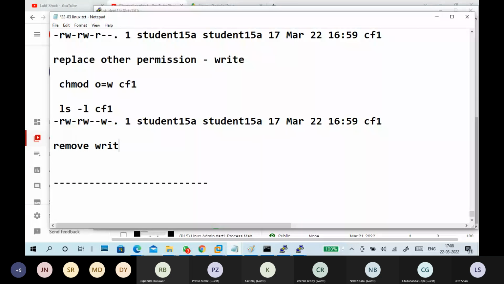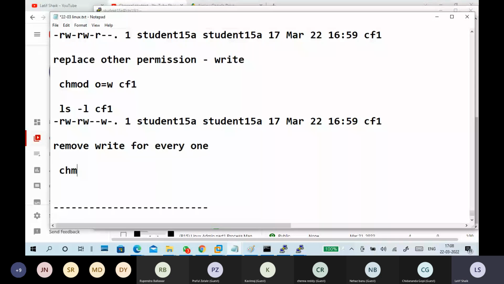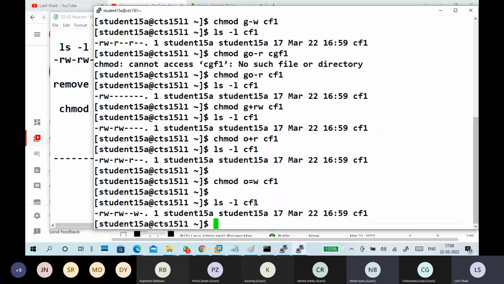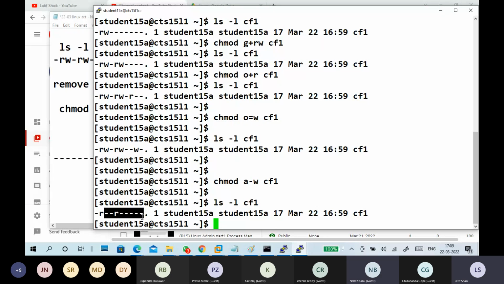How to remove it? chmod a-w cf1, a means all permission types. chmod a-w cf1. The entire w's are removed.